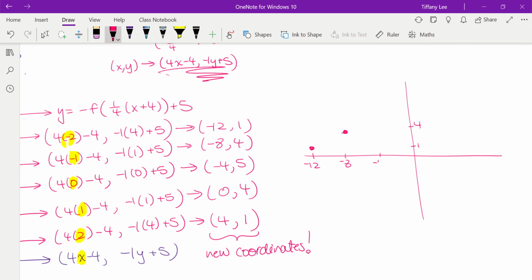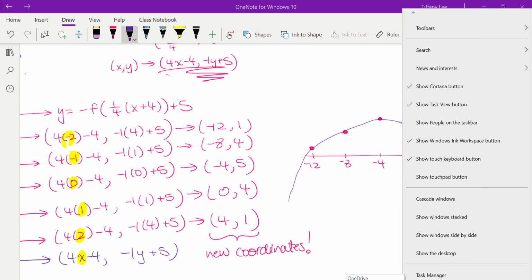Negative 4, let's say negative 4 is there, and this is 5. Let's say 0 and 4. And then let's say this is 4 and 1. And then your transformed graph is this. Oops, sorry.